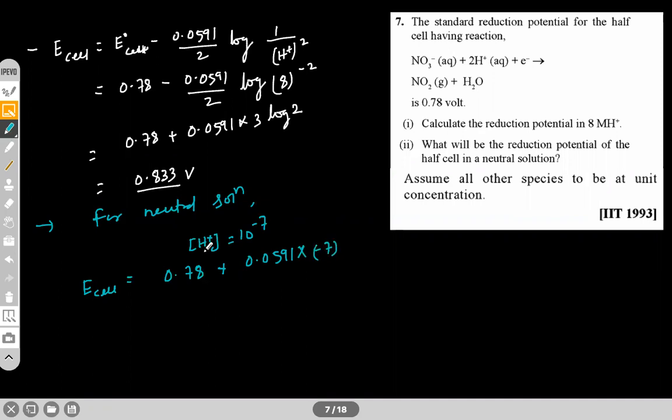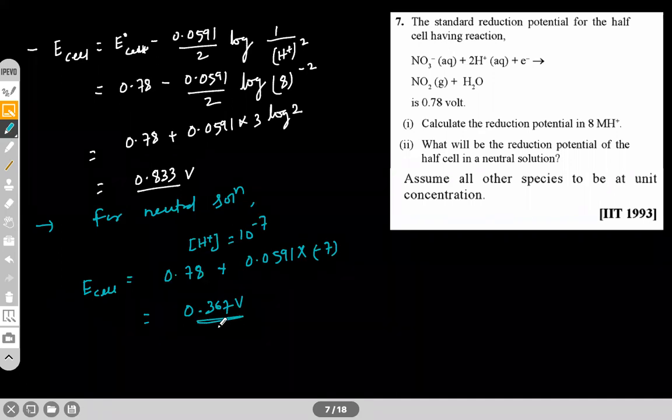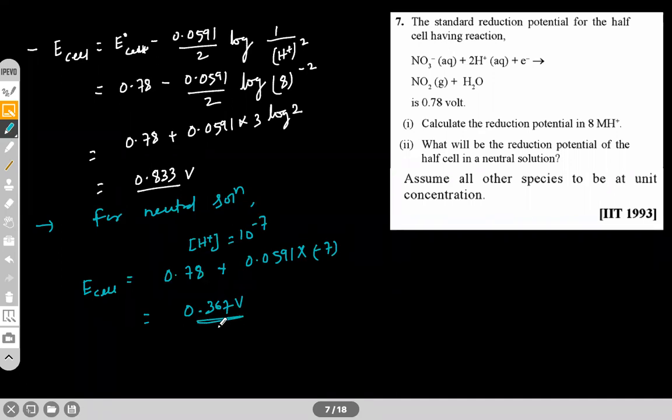So now when you solve this, you'll get 0.367 volt of cell potential, correct? So this is the answer for this question, 0.833 and 0.367.